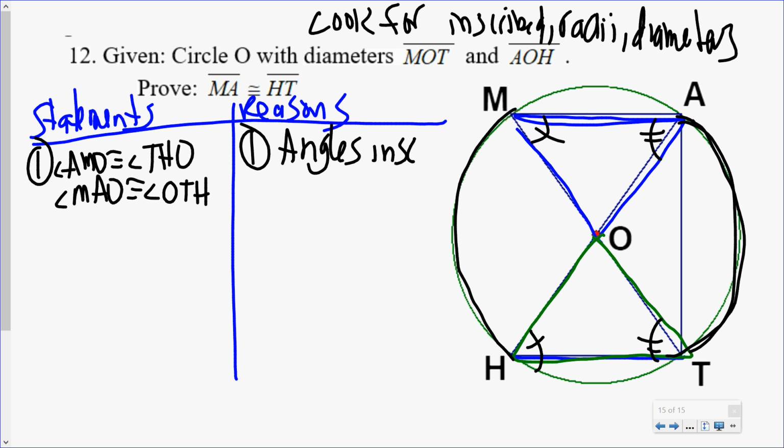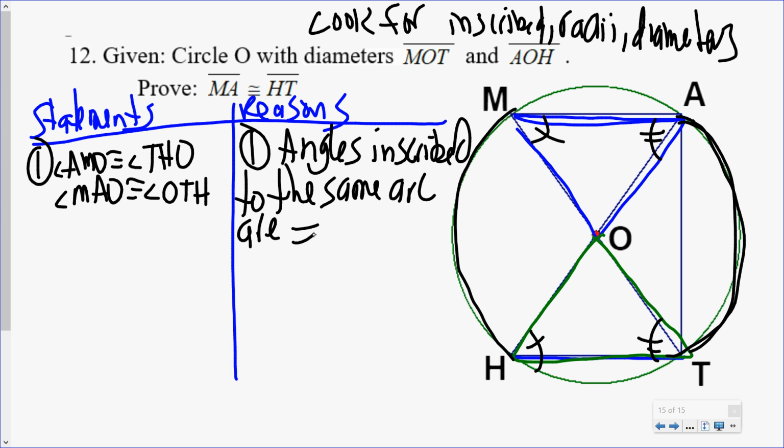Angles inscribed to the same arc are congruent. All right, I'm done with inscribed.